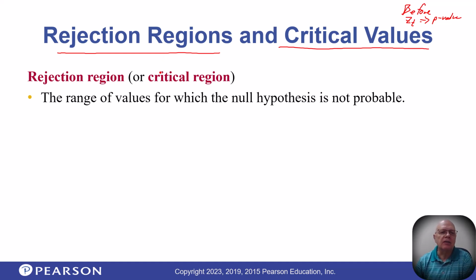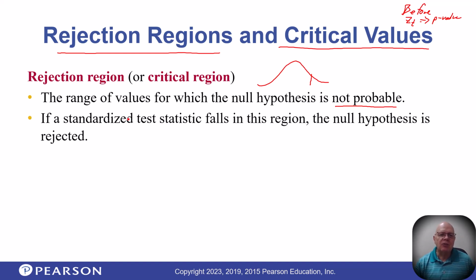With this one, we're going to first draw our picture, of course. We're going to find out where the cutoffs are. Where are the regions where the results are improbable? The range of values for which the null hypothesis is not probable. That doesn't mean it's impossible, just improbable.